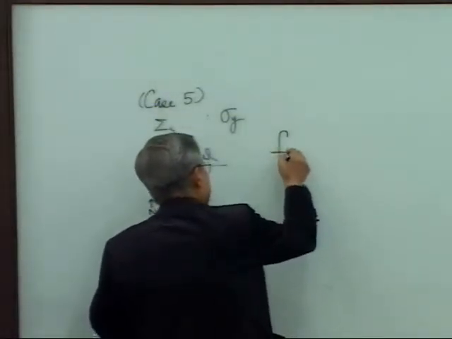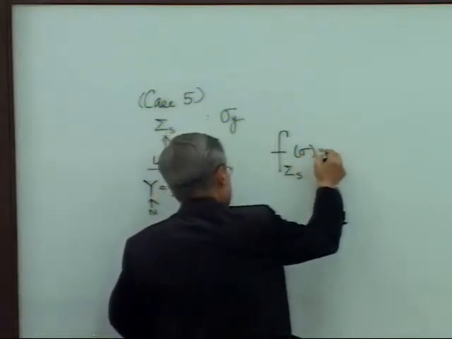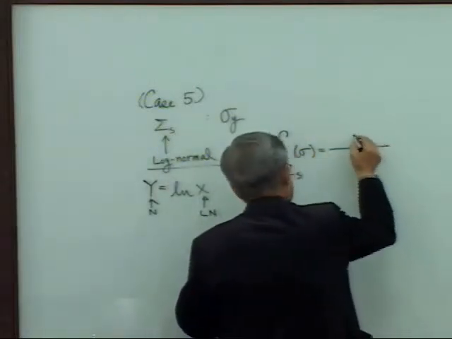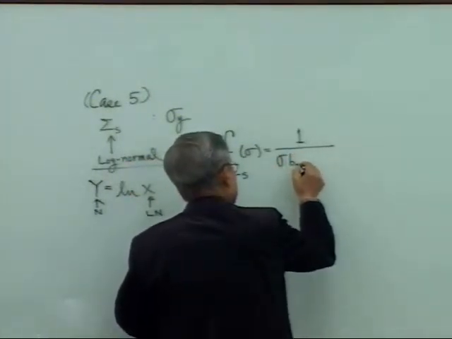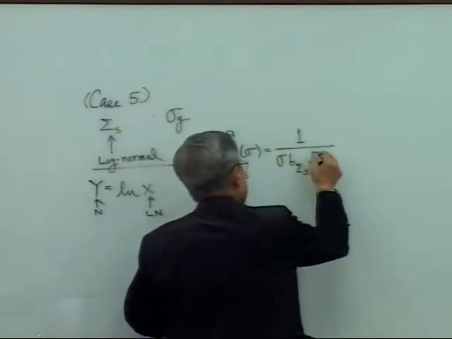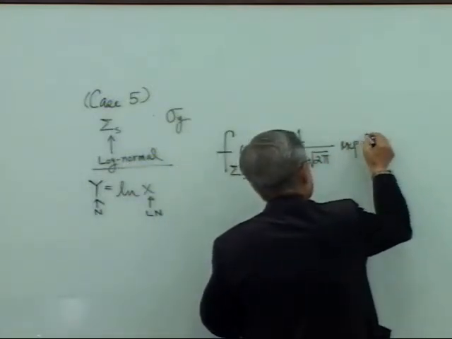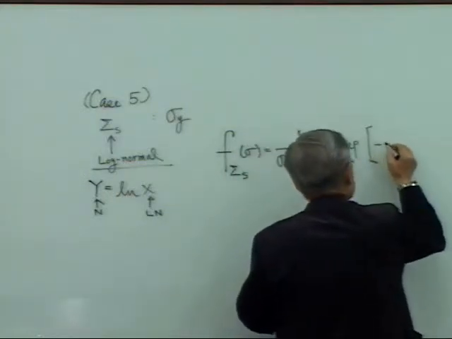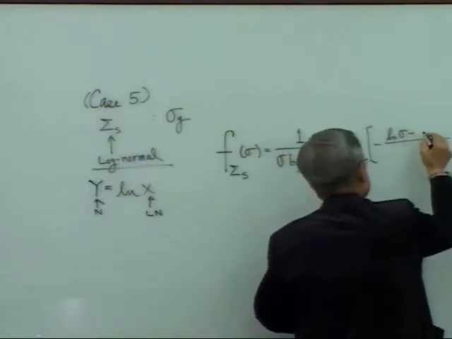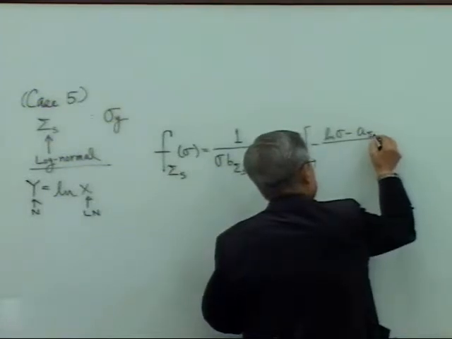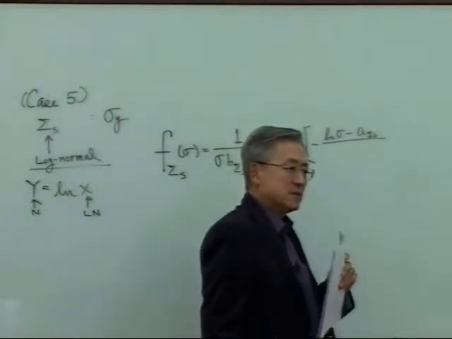So again, cast into the probability model: 1 over B sigma S square root of 2 pi, exponential function, minus natural log of sigma minus, I'm going to use A sigma S. Make a correction in my note which Higyo sent out to you.